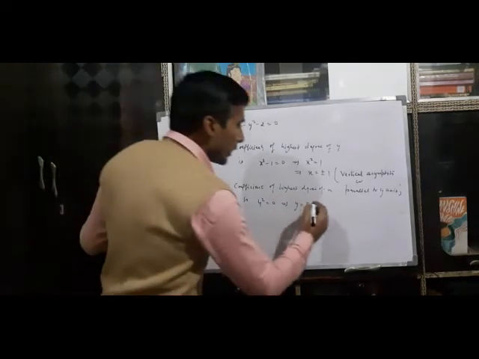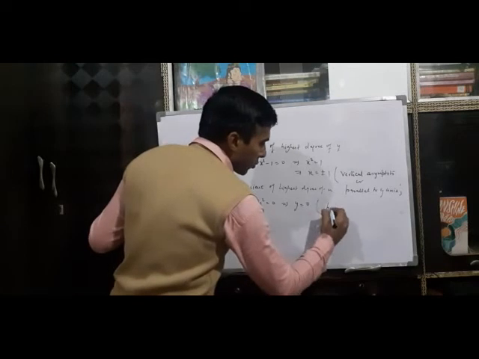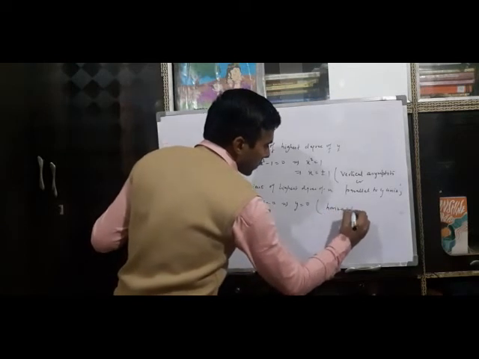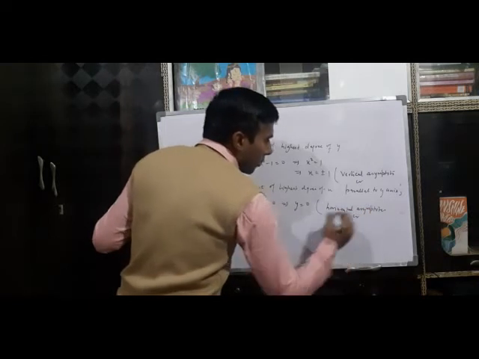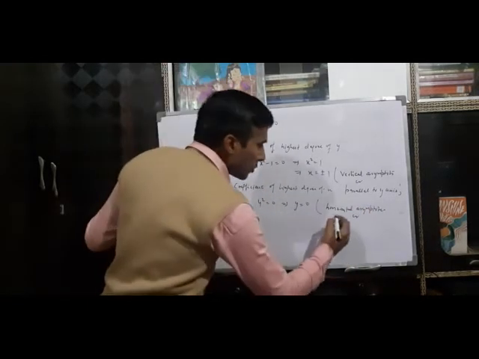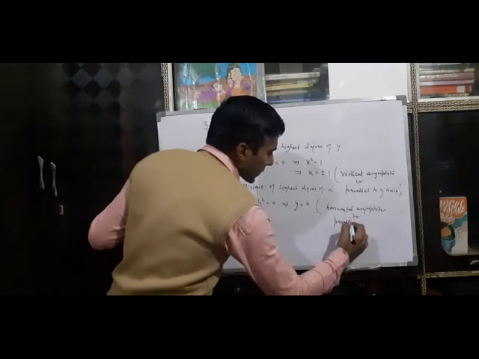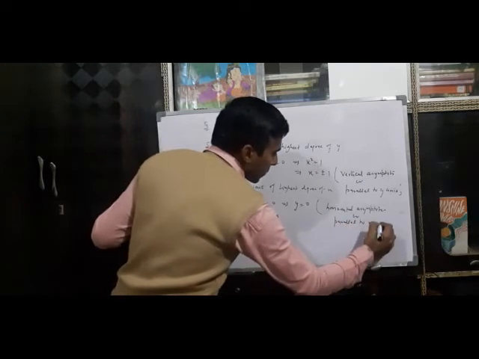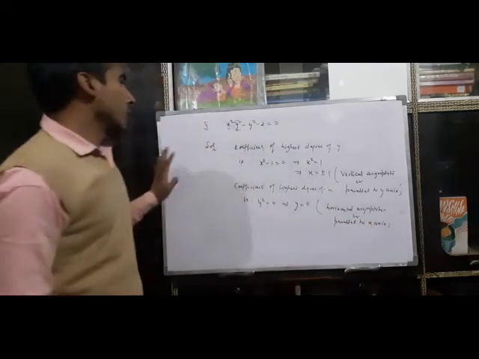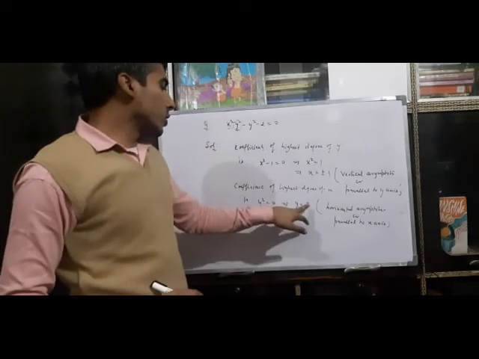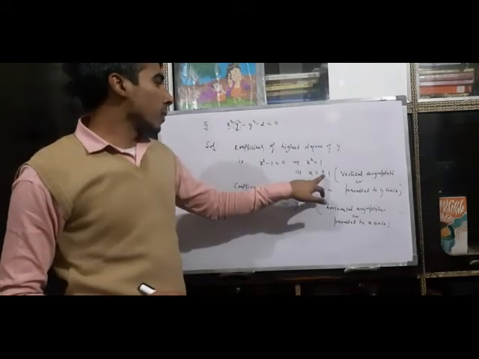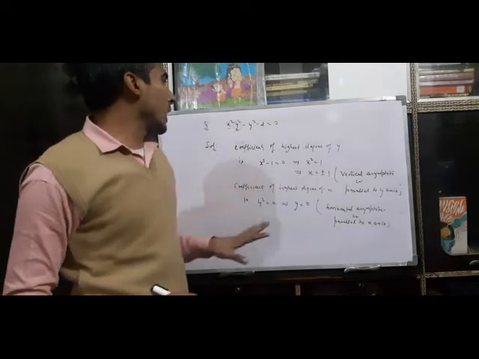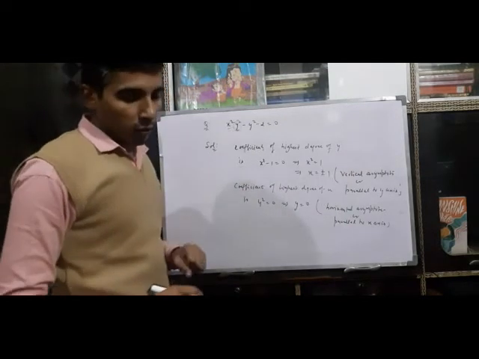So y equal to 0 is here the horizontal asymptote to the given curve, or we can say an asymptote parallel to x axis. So clearly here y equal to 0 is the horizontal asymptote and x is equal to plus minus 1 are vertical asymptotes to the given curve.